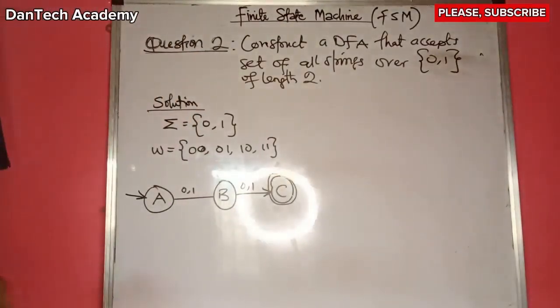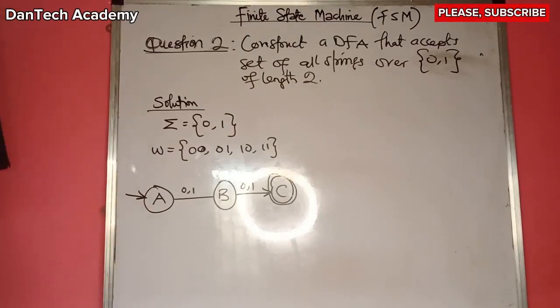So this one being our final, what do we do next? We've already achieved what they asked us to; we've met their demand. Now, what happens if there is extra input beyond what they asked for?